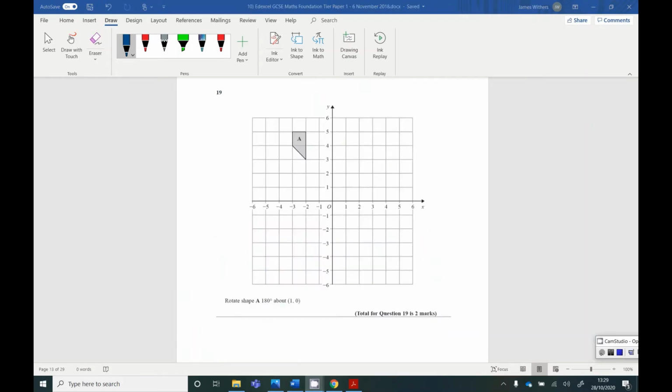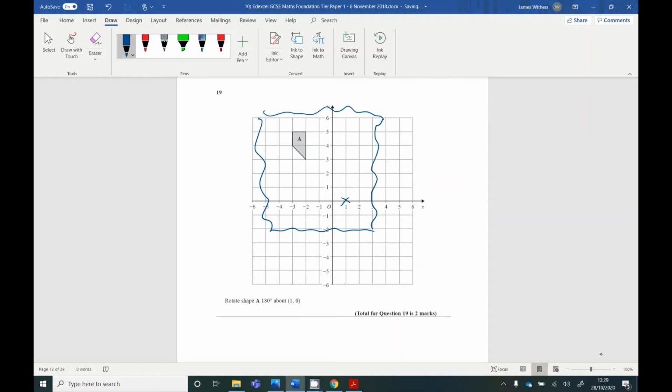Question 19 requires us to rotate shape A 180 degrees about the point 10. So go and mark the point 10. Now go and get your tracing paper and put it over the whole shape. Draw around the shape A and put your pencil point on the center of rotation.